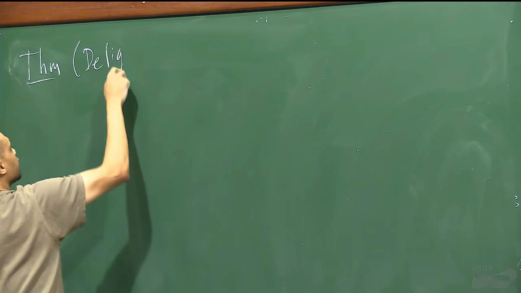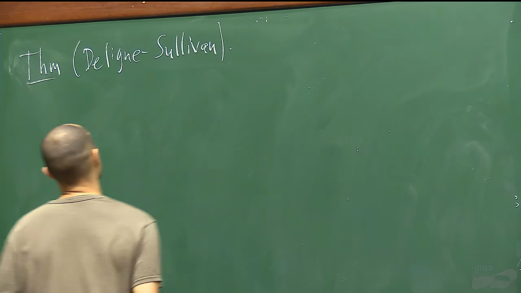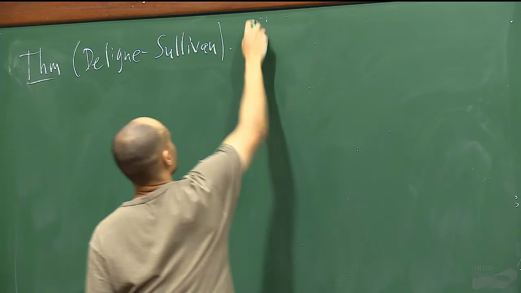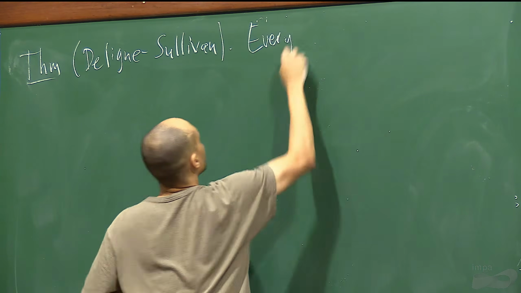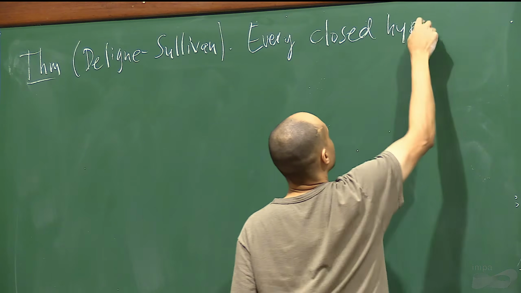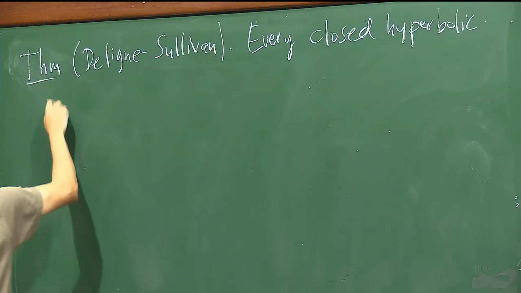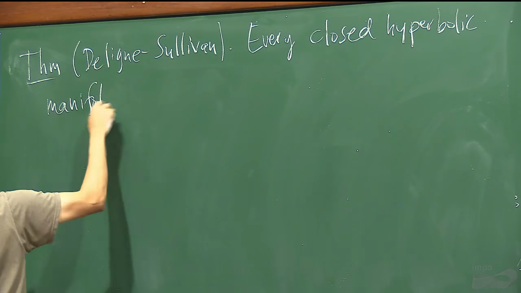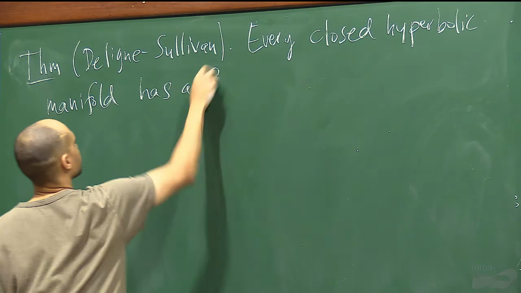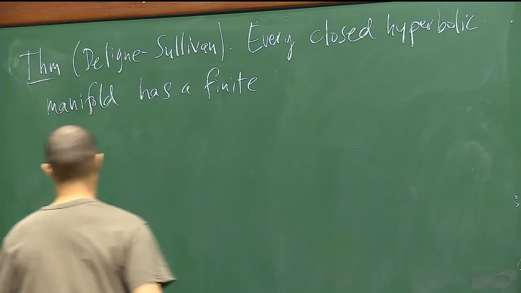of Deligne and Sullivan, which says every closed hyperbolic manifold has a finite cover that's stably parallelizable.